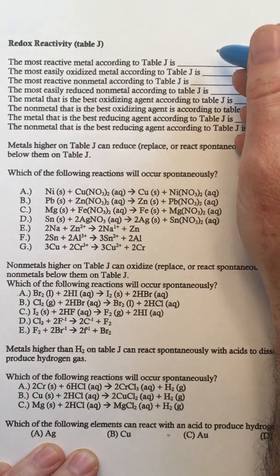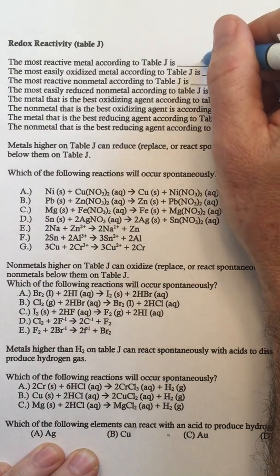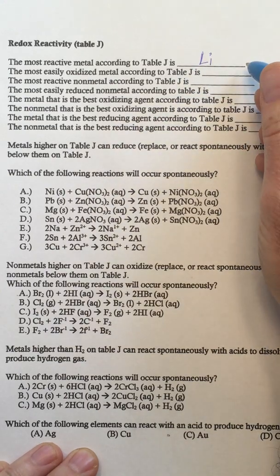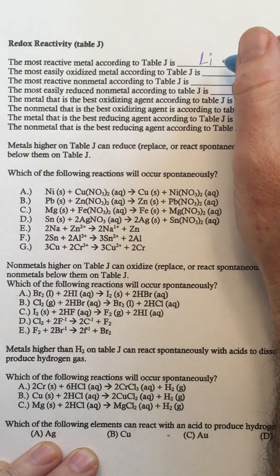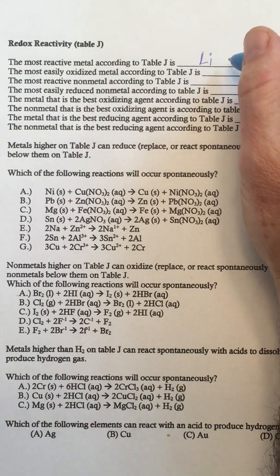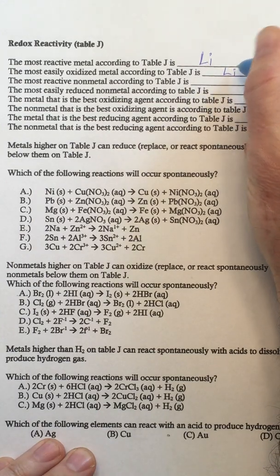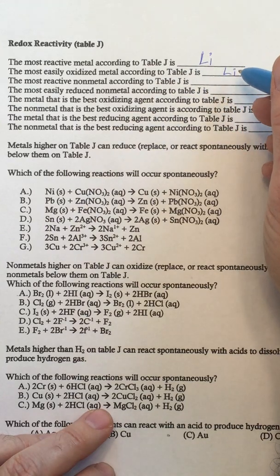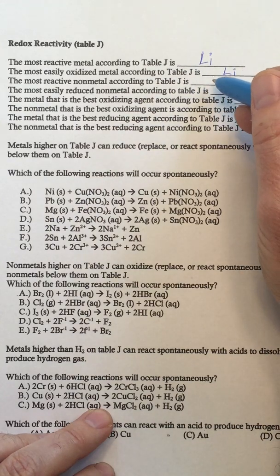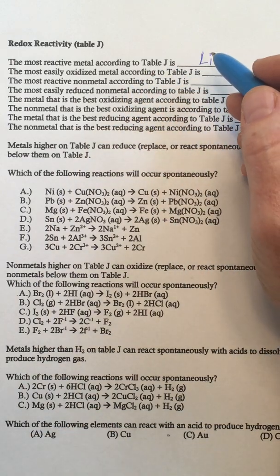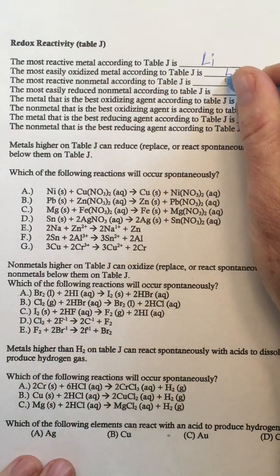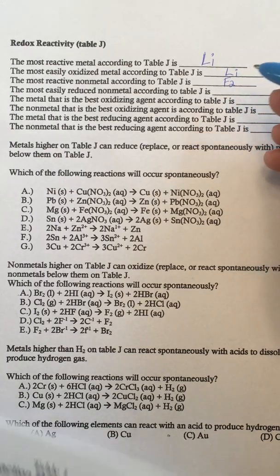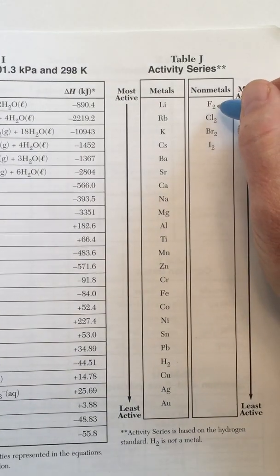The most reactive metal according to Table J, at the top, is lithium. The most easily oxidized metal according to Table J is the same thing. Easily oxidized and most reactive, we're going to think of them as synonyms. The most reactive nonmetal according to Table J is fluorine, and I'm going to write it as F2.